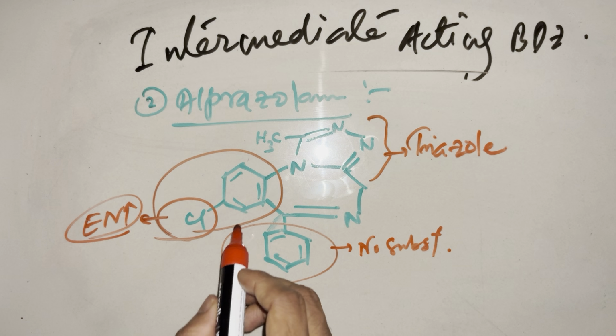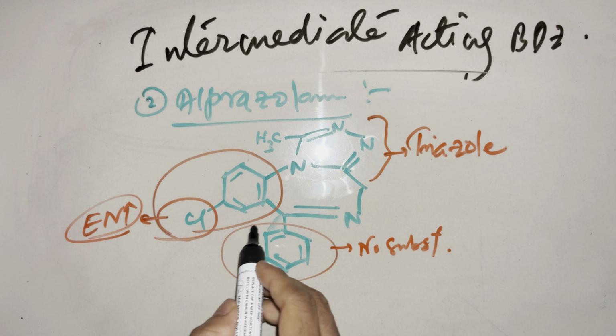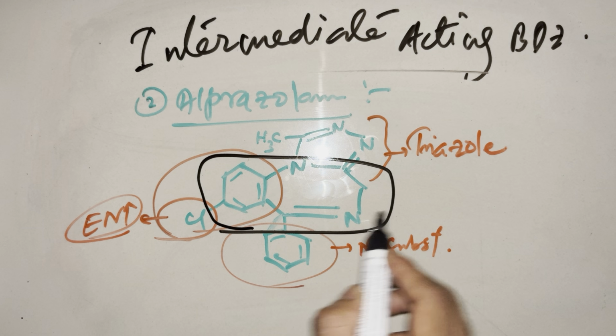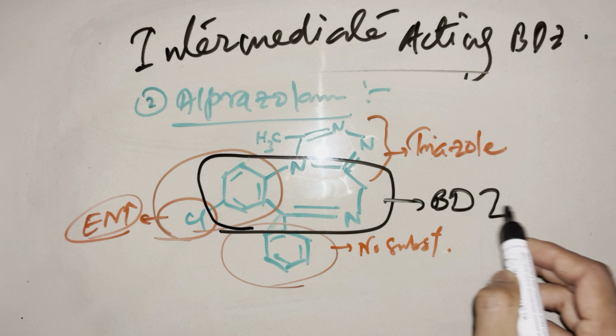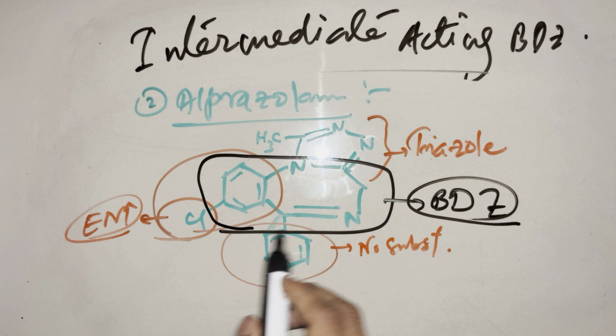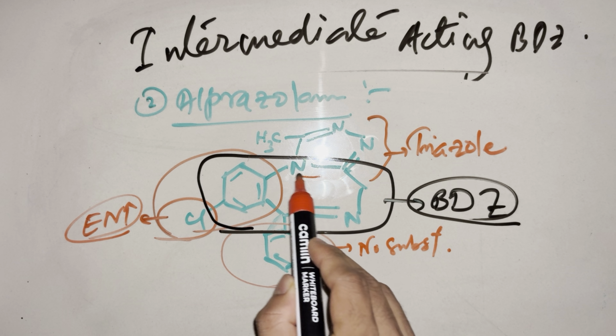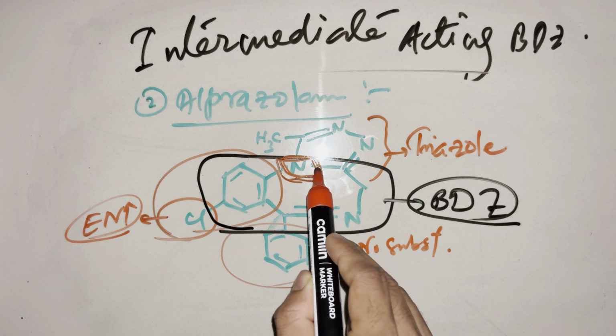So simply, this one is the benzodiazepine, and this is the basic scaffold of the benzodiazepine. Along with that, these are the substituents. These are the added extra points. You have to remember one most important point, that this nitrogen is the point of fusion.